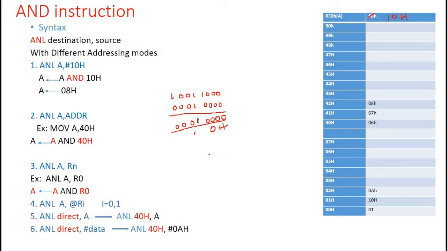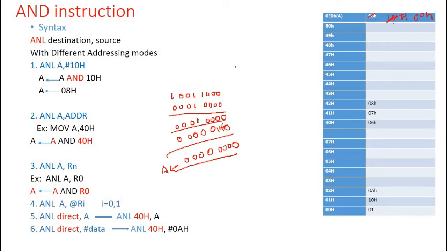Now we'll do the AND operation between them. The accumulator value remains the same. 06H is represented as 0000 and 0110. Now do the AND operation: 0000 and 0000. So what is the answer? The answer is 0, and this will be stored in the accumulator, so the answer stored is 00H.